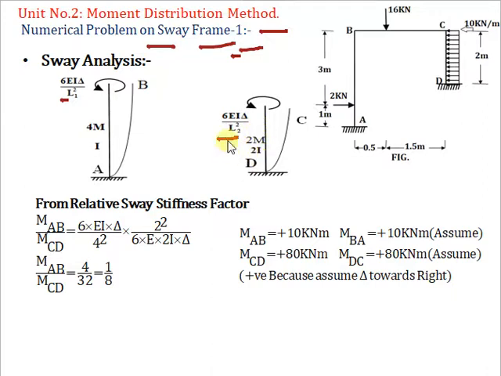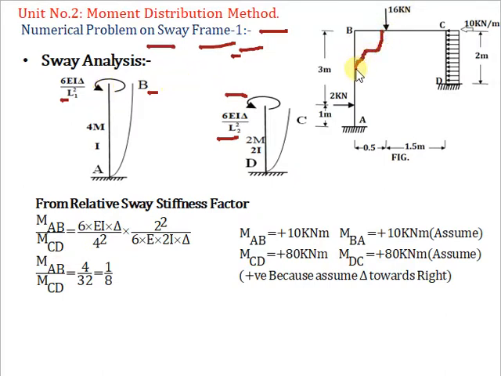Now due to this sway moment, we find the relation of the sway moment which happens at that particular end due to the sway delta.